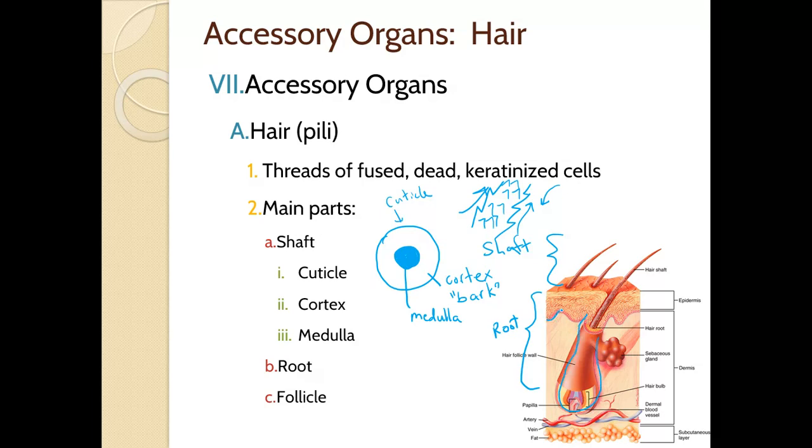You can see here's our border between the epidermis and the dermis. All of a sudden that epidermis makes a really hard turn and goes down and makes a little pocket and then comes back up and continues along its merry way. Where that epidermis folds down in, that's the follicle. Those are the epidermal cells that grow hair.